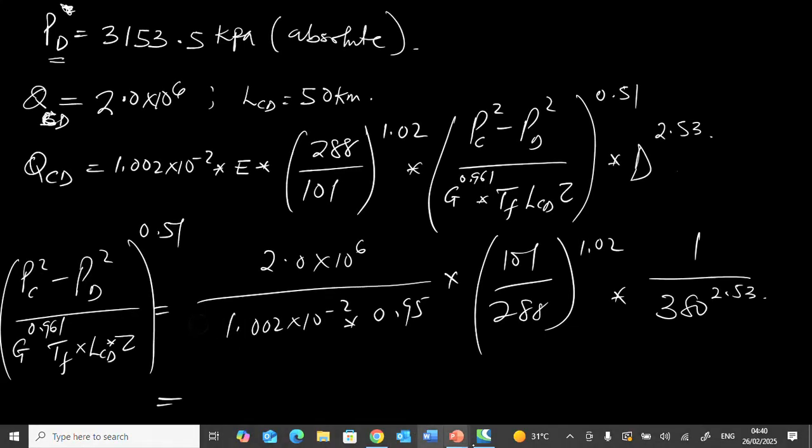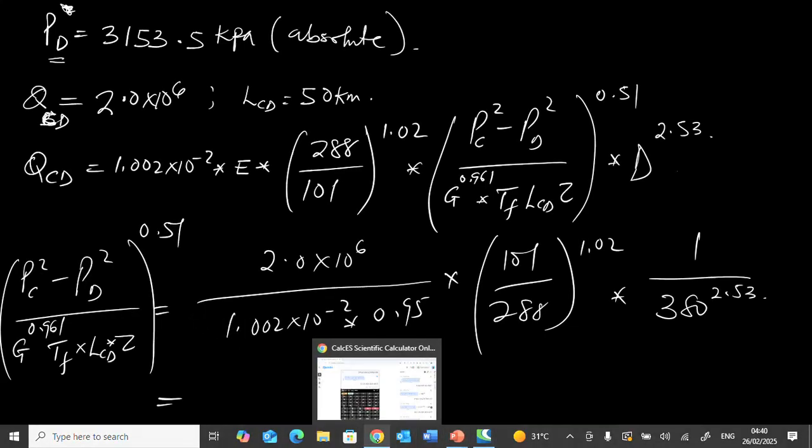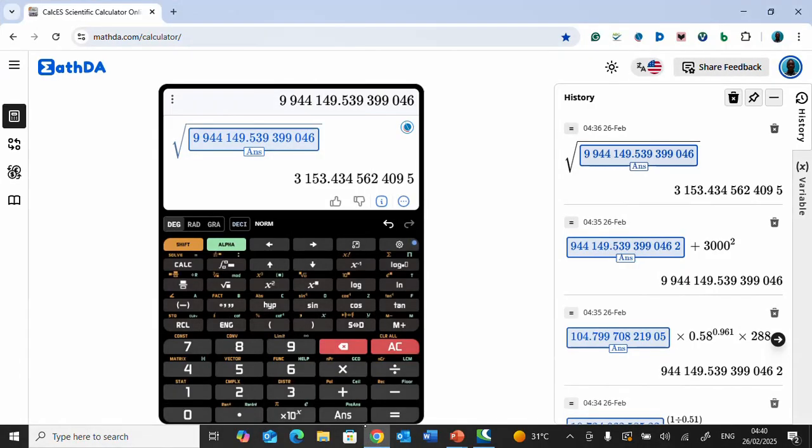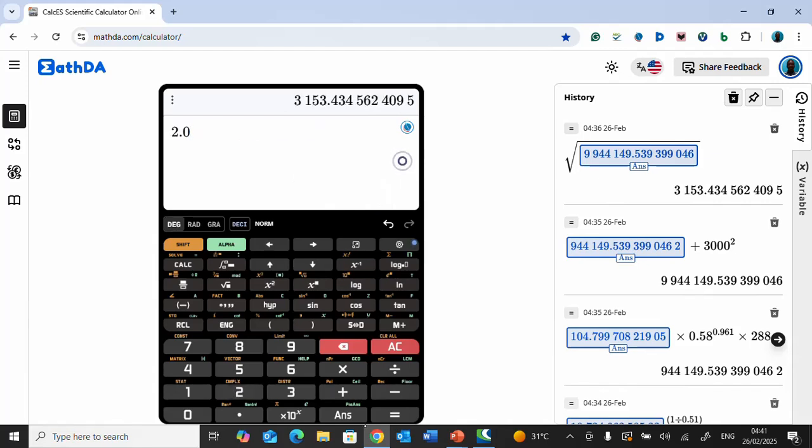I want to make use of an online calculator. So I have 2.0 times 10 raised to power 6 divided by 1.002 times 10 raised to power minus 2 divided by 0.95. Now let's see.